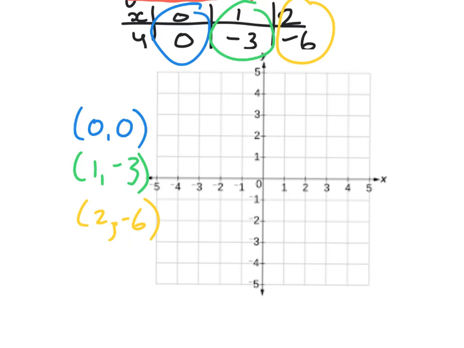On my Cartesian plane, I plot 0 across, 0 up, the origin. 1 across, negative 3 down, and 2 across, negative 6 down. Once again, using my ruler, I draw a nice straight line between the 3 points and label the equation. This is the sketch of y equals negative 3x.